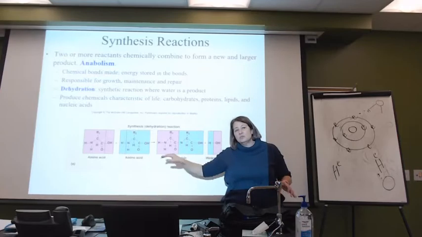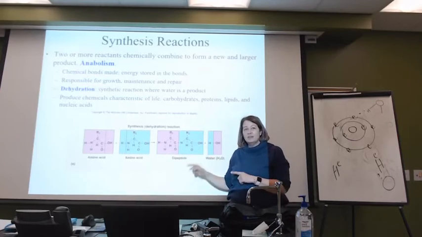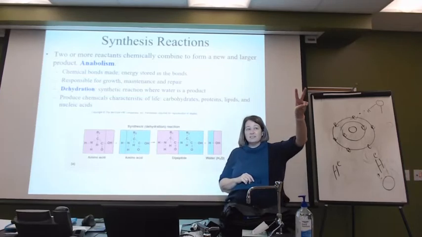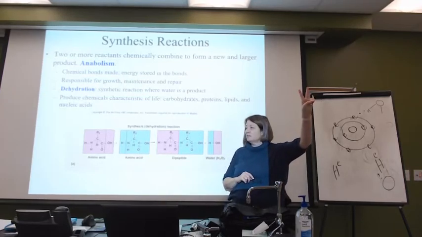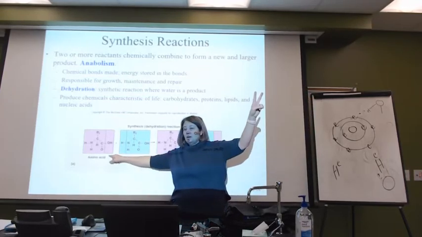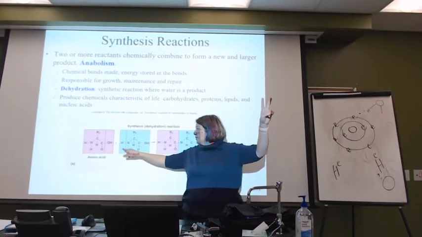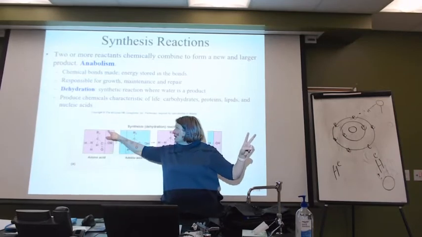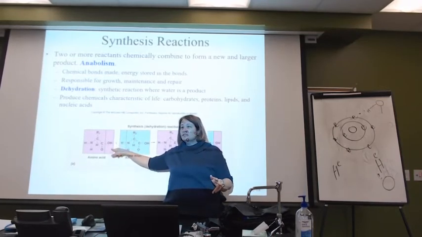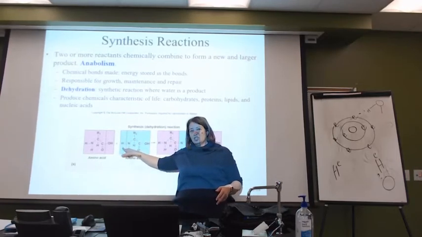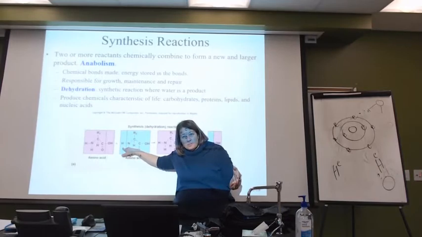Now note what happens in putting these two amino acids together, these two parts. If I have amino acid 1, amino acid 2, on the first one, note they're trying to point out this group that is OH, this group that is H. What gets formed if you've got H2O?